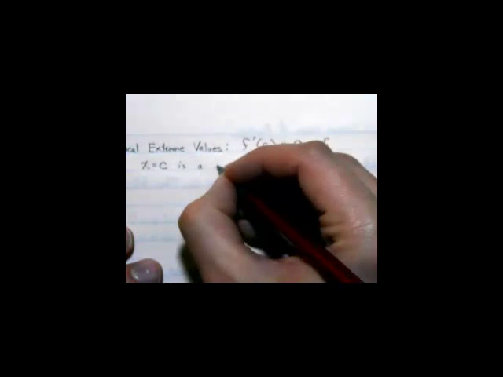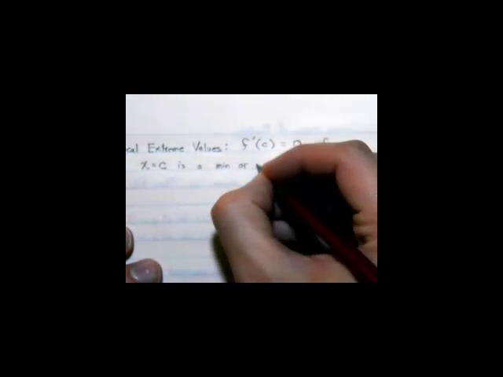So, at local extreme values, f prime of c equals 0 if x equals c is a min or max.